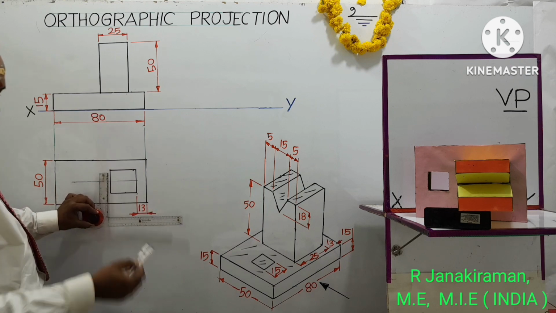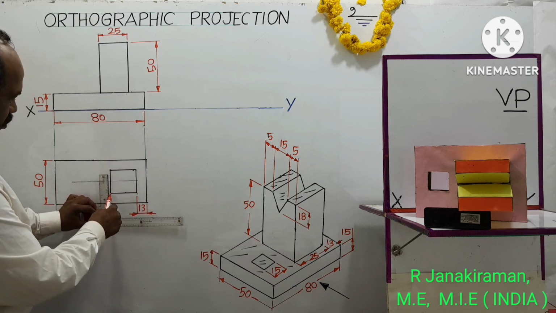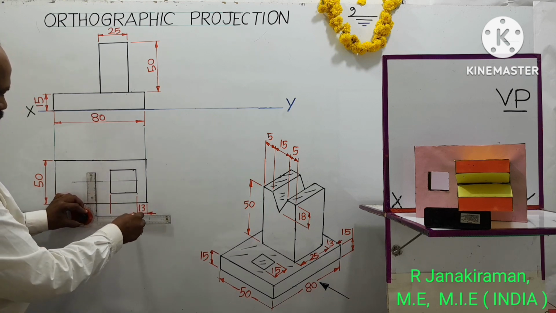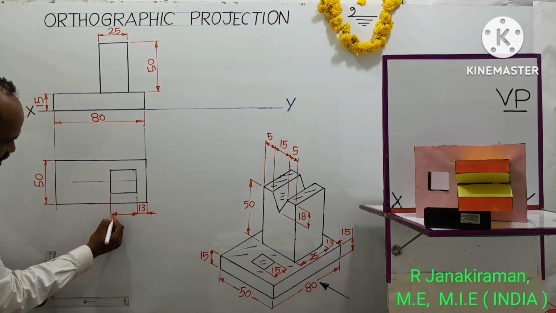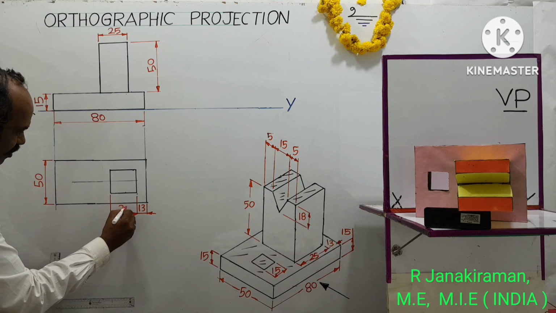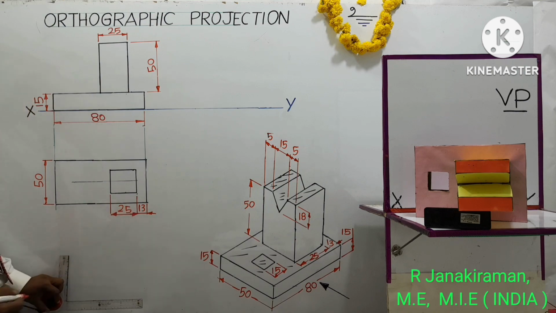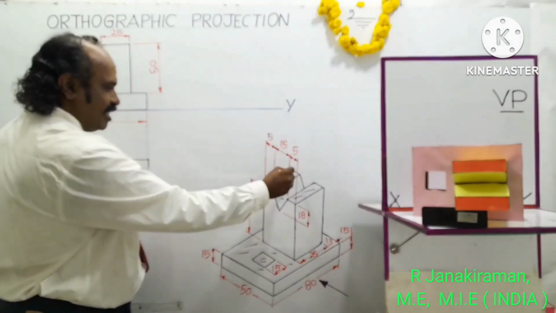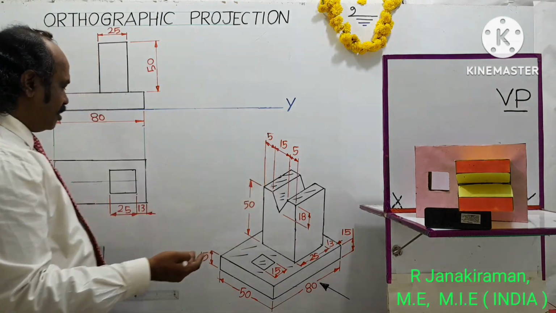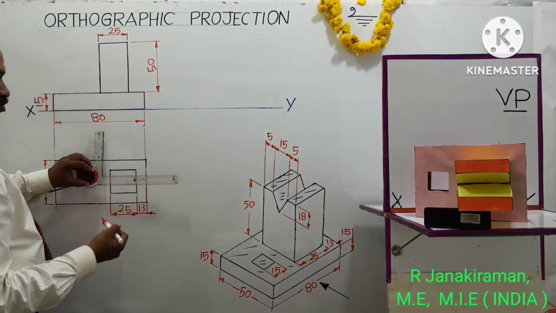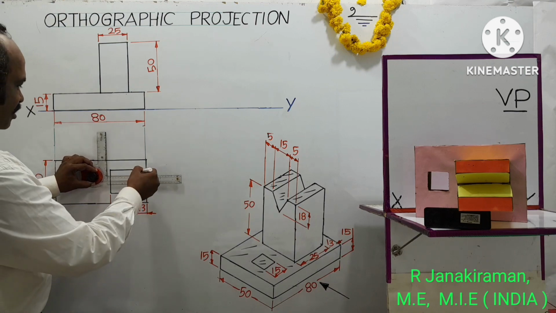Okay, so let us dimension this. Draw a dimension line, put a narrow arrowhead, shade it, mention it as 25. So inside this 25 mm, the land is there, and the land thickness is 5 mm. Okay, so 5 mm means 0.5 centimeter. It's less than 1 centimeter.